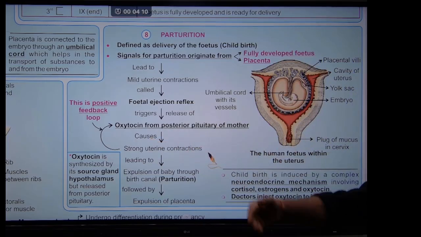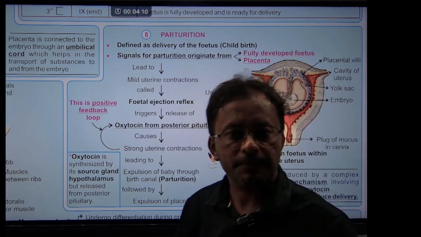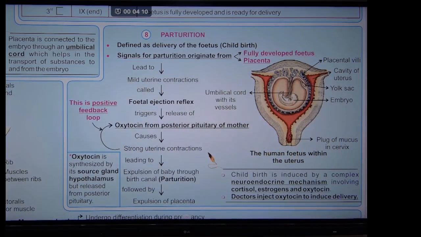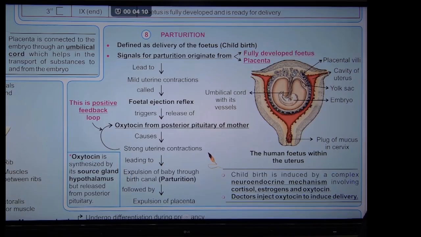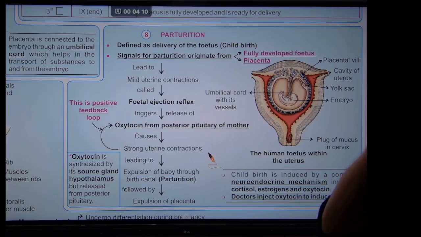which will cause strong uterine contractions. And more contractions stimulate the hypothalamus to release more oxytocin. So, this is a cycle, a positive feedback. More contractions, more oxytocin. More oxytocin means more contraction. So, as the time goes by, the number of contractions per unit of time will slowly increase.